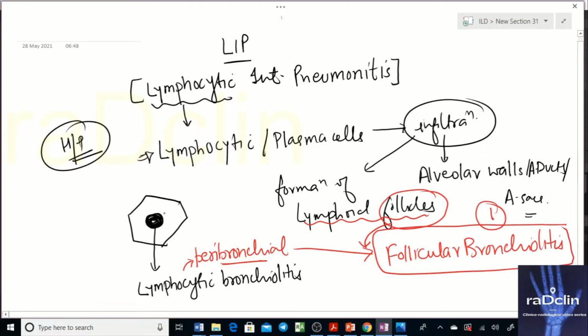Now if the inflammation spreads to the periphery, the lymphocytic infiltration involves the alveolar walls, ducts and sacs around the peribronchial area. These are the air spaces. If the infiltration happens here, the air spaces are getting involved, and the radiology finding would be either GGO or consolidation.